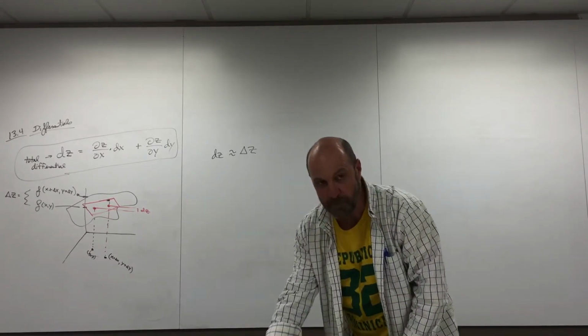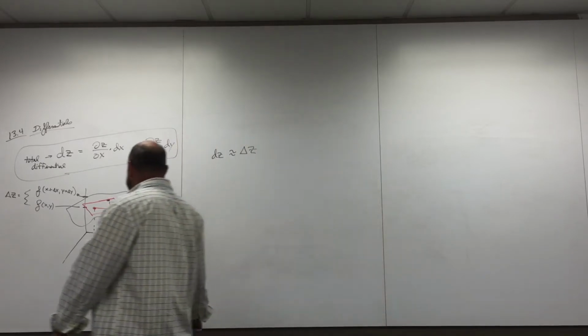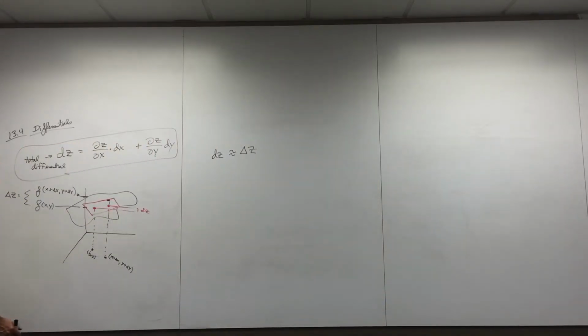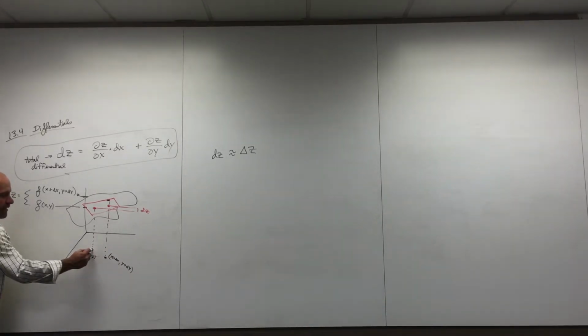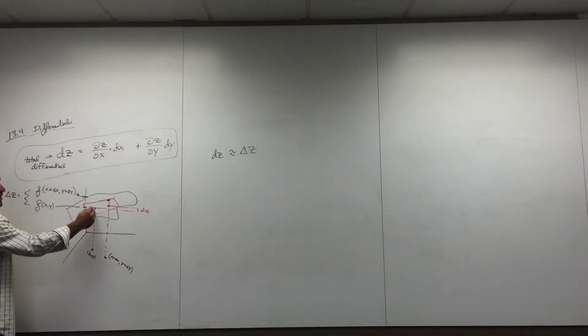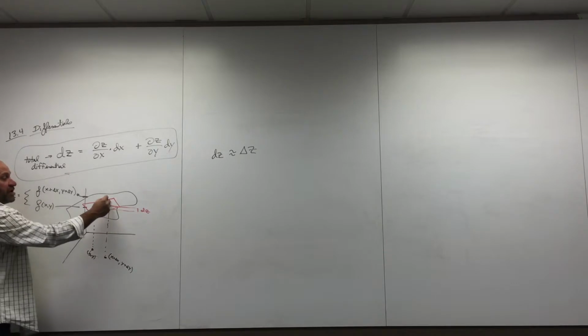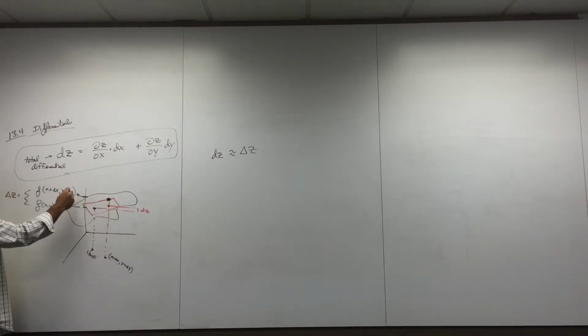Yeah. That second black dot, why does the surface touch it? Well, I'm trying. My surface is an amoeba. So I was trying to say that you plug this point into the function and you end up at a z value on the function. Plug this point into the function, and you end up at a z value on the function.